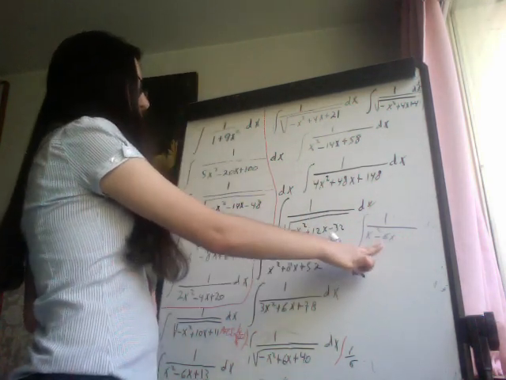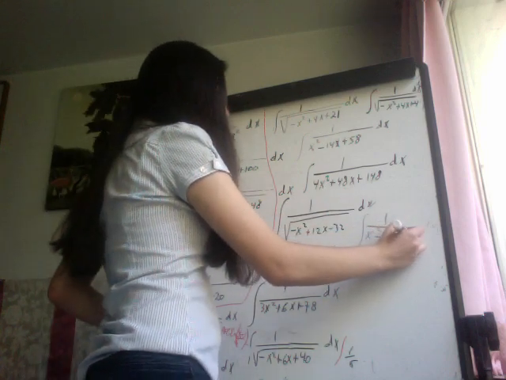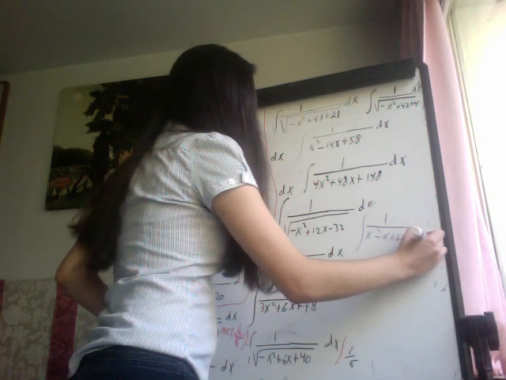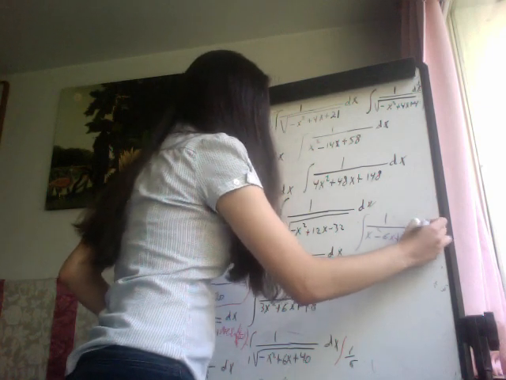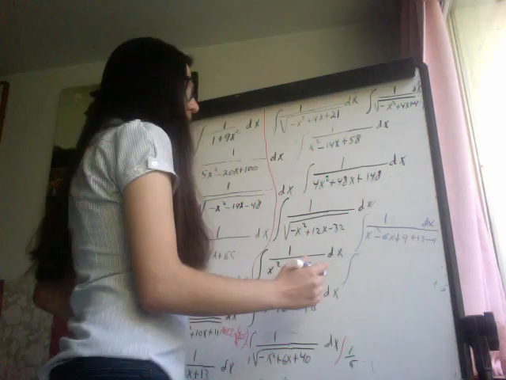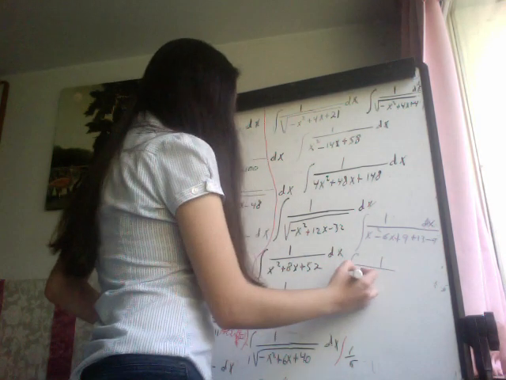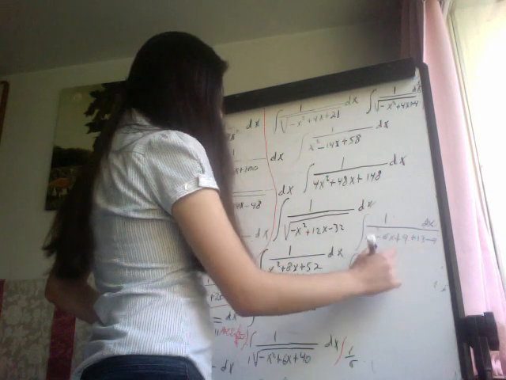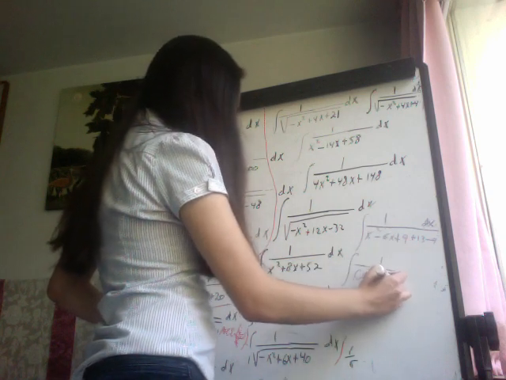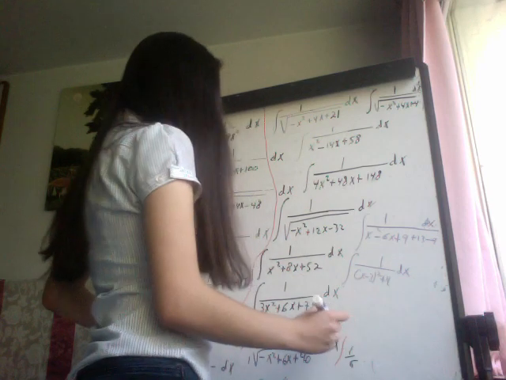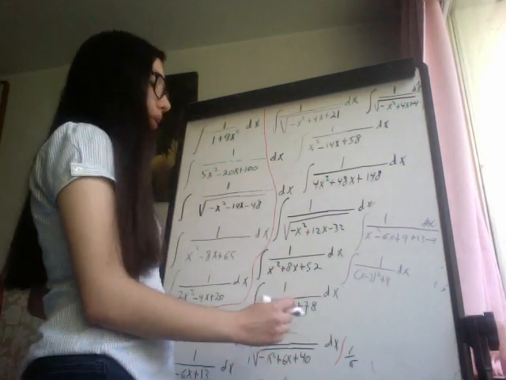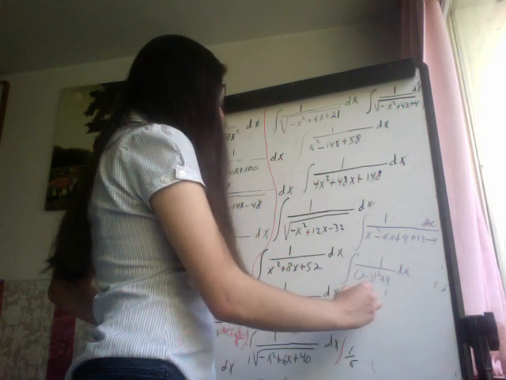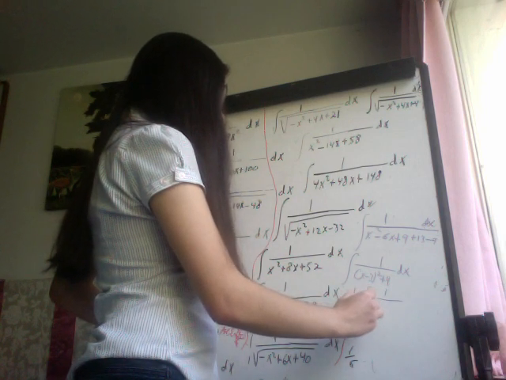Half of this is 3, squared is plus 9, plus 13 minus 9 dx. So this is the indefinite integral of 1 over (x minus 3) squared plus 4 dx. Divide everything by 4 and we have 1/4 times the integral of 1 over ((x minus 3) over 2) all squared plus 1 dx.